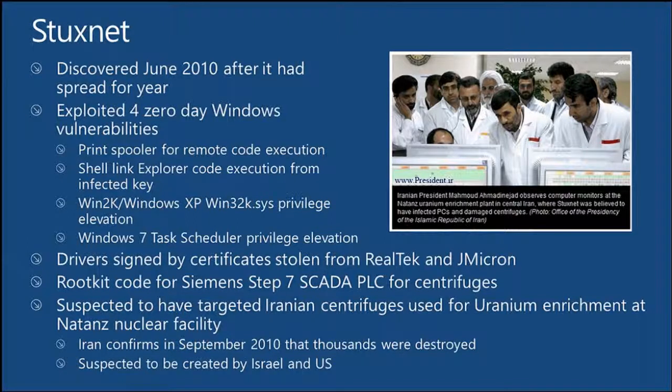The primary way that it spread, though, is the second vulnerability, a shell link parsing problem, so that if a malformed shortcut file is viewed in Explorer, it would cause code to execute in Explorer, and that's how Stuxnet would jump from the file into Explorer and then start to infect the system from there. People believe that it spread primarily via USB keys in this manner.